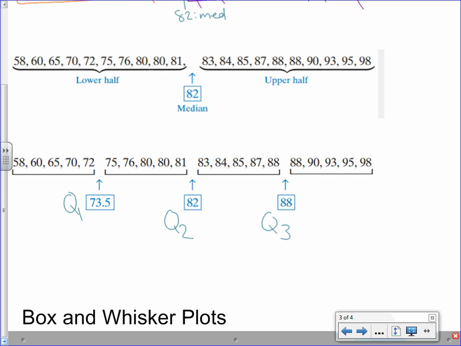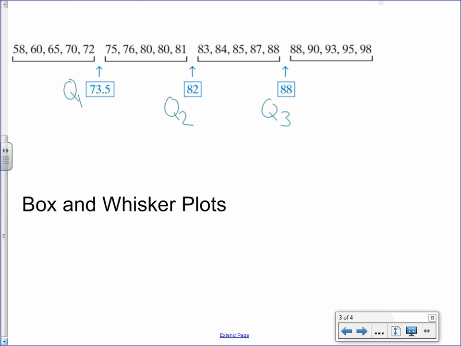So if we were going to do a box and whisker plot by hand, okay, we would take our data and we would say, well, first let's do a number line. We'd say here's 58, and you know what, I'm not even going to do 58 because that's a lot. I'll go up by 5s.